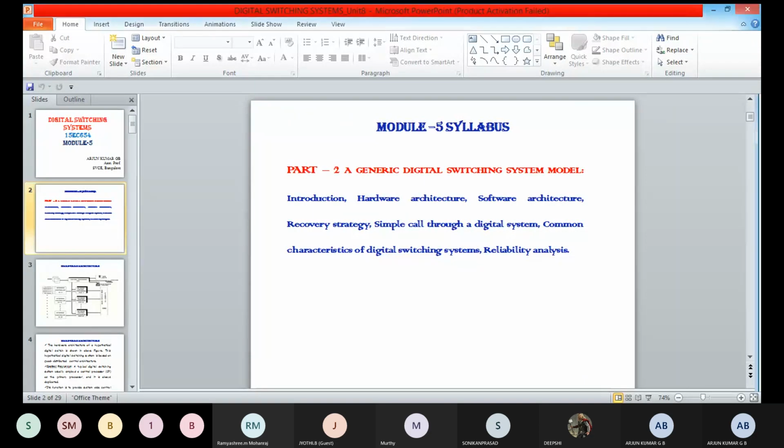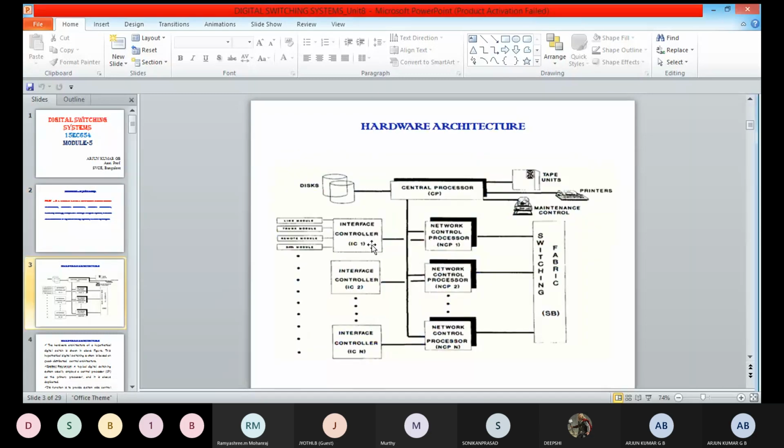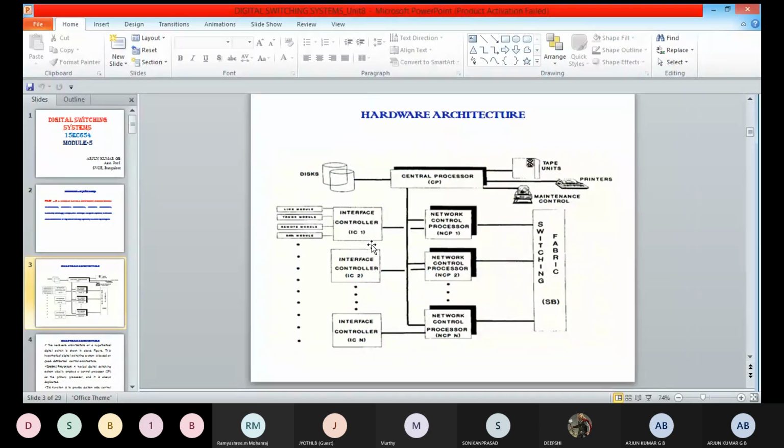The first thing in this topic we should focus on is the strategies for the digital switching system, the strategies for improving the software quality. Next, we move on to the hardware architecture.